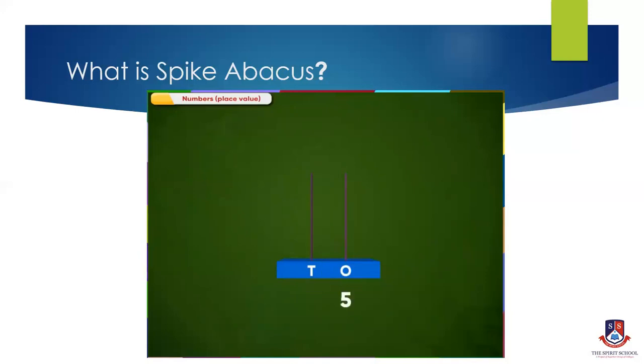For example, the number 5 is represented with 5 beads at the ones place. The number 26 is represented using 2 beads at tens place and 6 beads at ones place. In a 3-spike abacus, the spike on the leftmost side denotes digits at hundreds place. For example, the number 215 is represented with 2 beads at hundreds place, 1 bead at tens place, and 5 beads at the ones place.